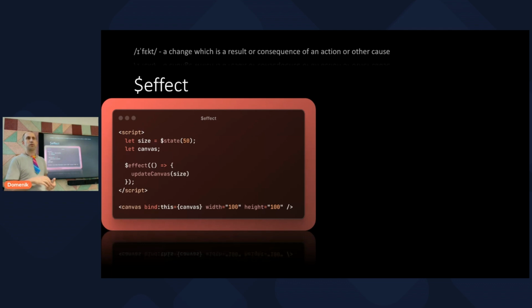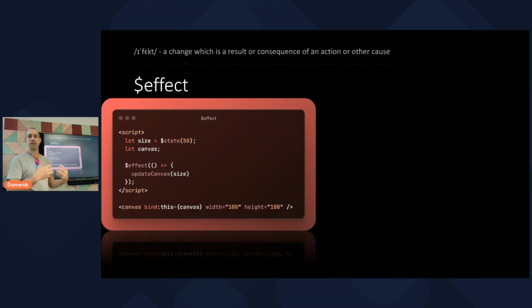Effect replaces a lot of things in Svelte 5. So on mount, for example, is one of the examples. On mount gets kicked out or deprecated. It's still there, and effect kind of takes over the responsibility of the on mount behavior.